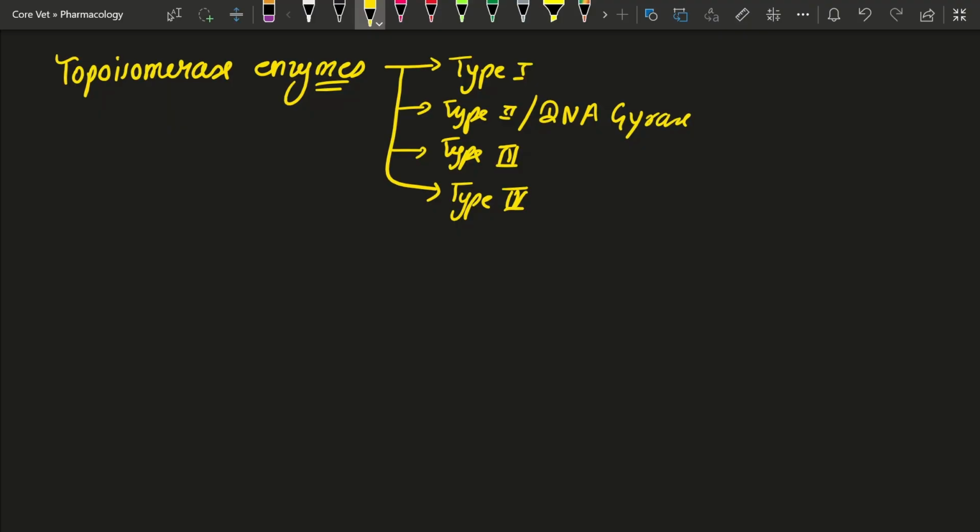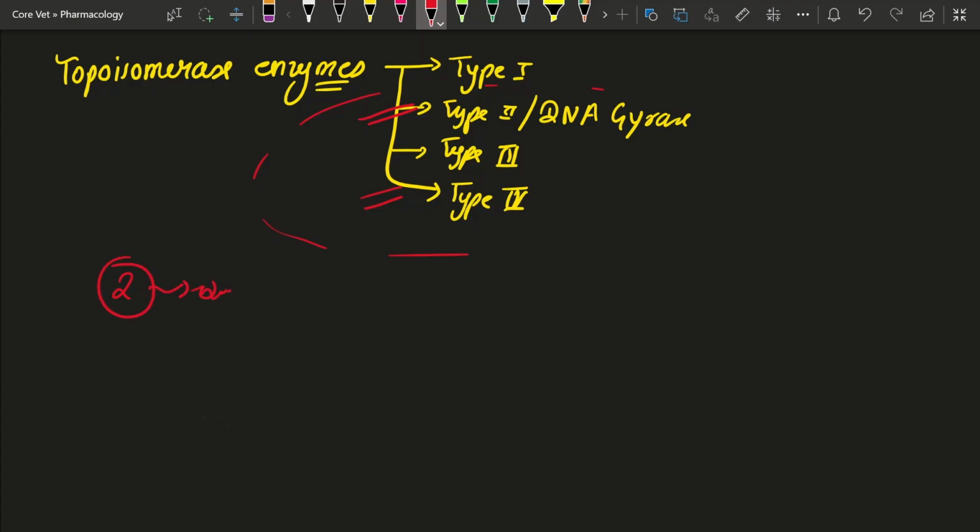While understanding the mode of action of the fluoroquinolones, you should be clear that type 2, or DNA gyrase, and type 4 topoisomerase are of prime importance. Those two enzymes are quite important.